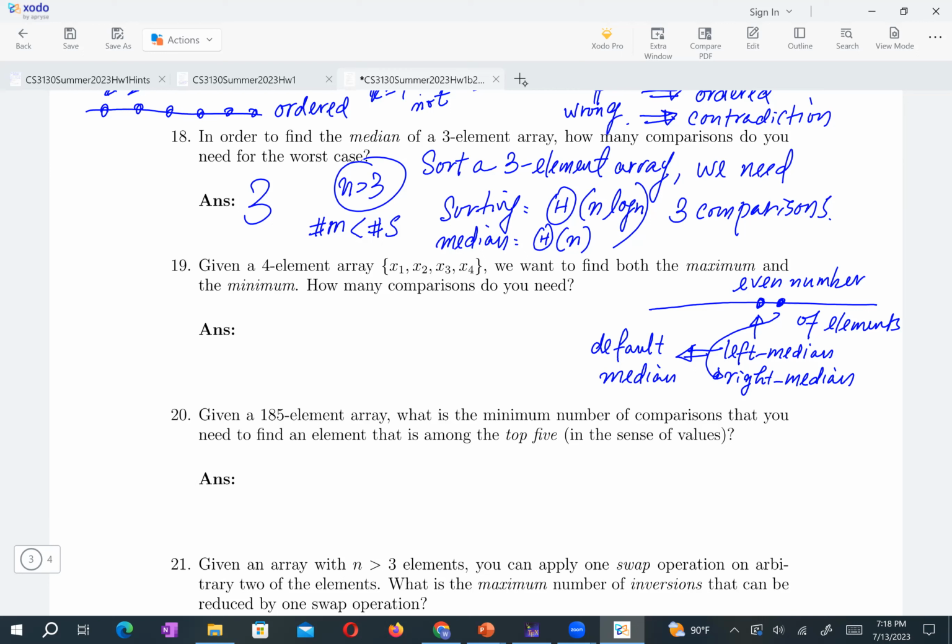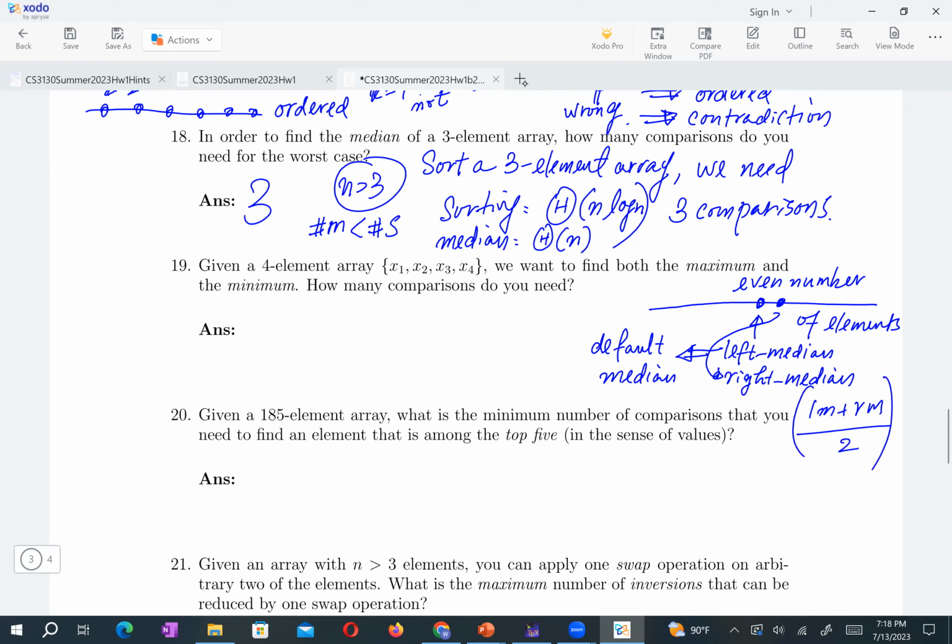But here I'd like to let you know the meaning of median. When you read different books, it could be different. In some middle school math books, they have a different definition. They use the left median plus the right median added up, divided by 2.